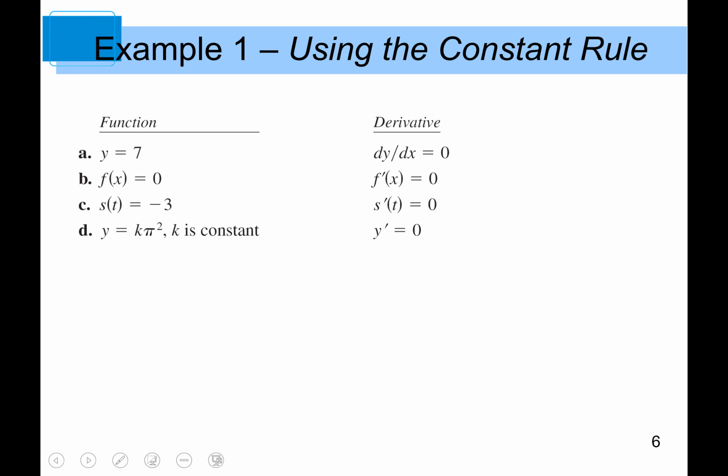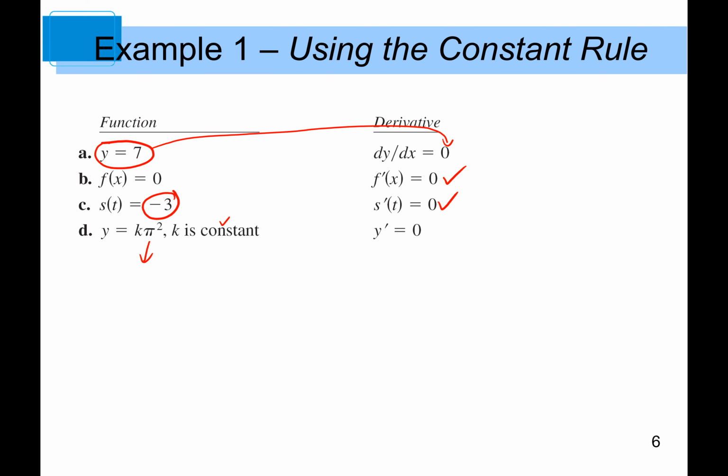So the derivative of a constant 7, any constant, will become 0. So dy over dx equals 0. The derivative of 0 is 0 as well. The derivative of -3 is 0. And the last one, y equals k times pi squared. K is the constant.